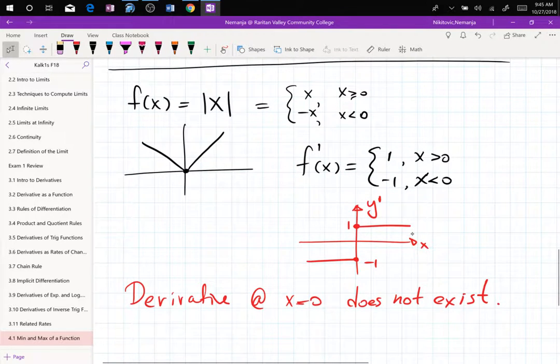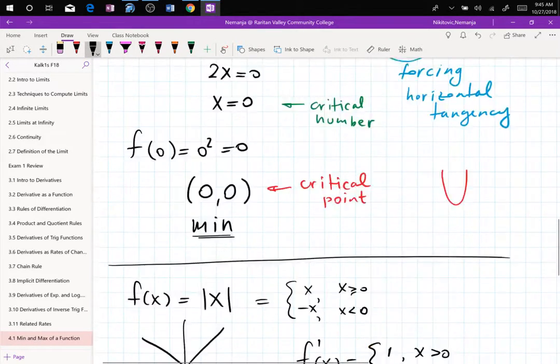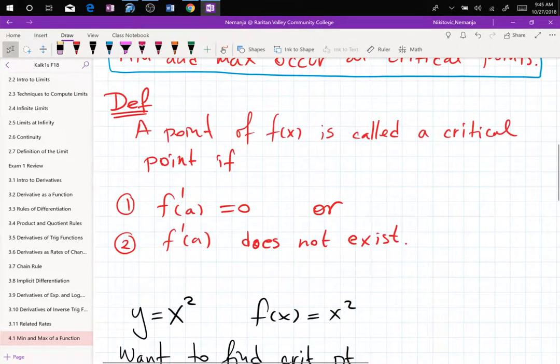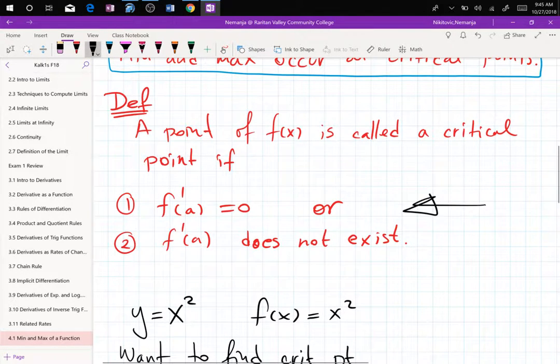Which was our rule number 2. Remember? Either you are setting it equal to 0, or when you find the derivative, you see that the derivative does not exist at a certain point.